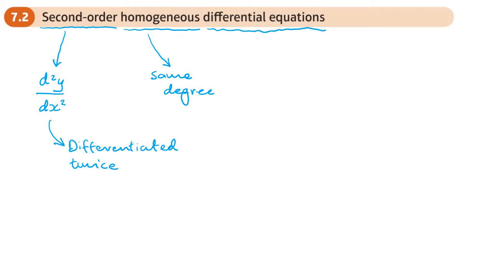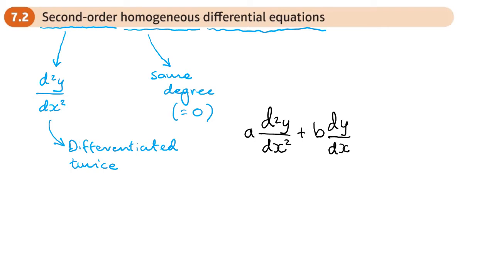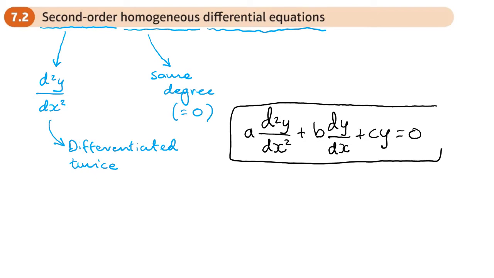So in this particular case the homogeneous means equal to 0, and a second order homogeneous differential equation will look like this: a second derivative with some sort of coefficient a, then another coefficient in front of the first derivative, plus another coefficient in front of y, equals 0.